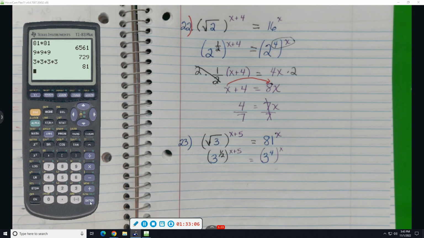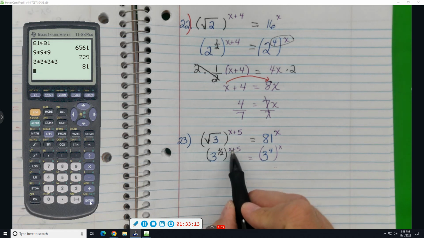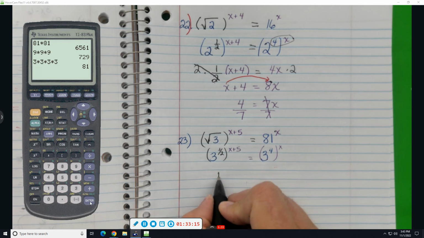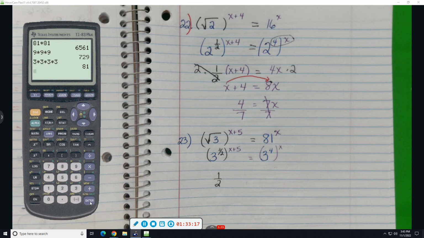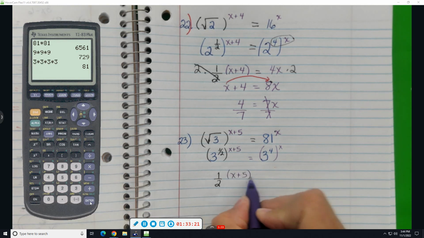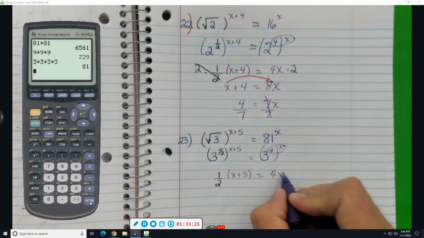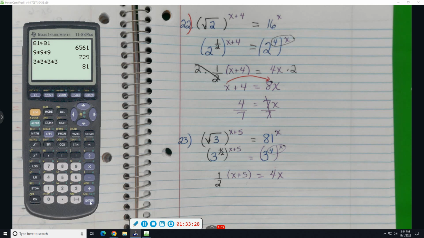Now let's write it without the big 3's. And don't distribute the 1/2. Just write 1/2 times x plus 5 equals 4x. You begin to see why it's much better to do what I'm doing here rather than distributing. If you distribute the 1/2, you're going to wind up with 2 fractions.